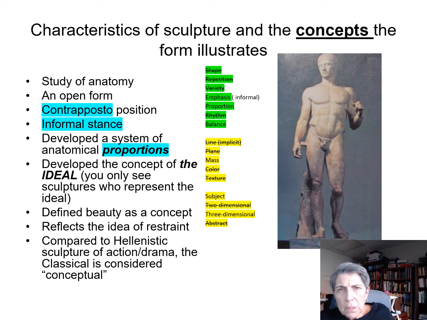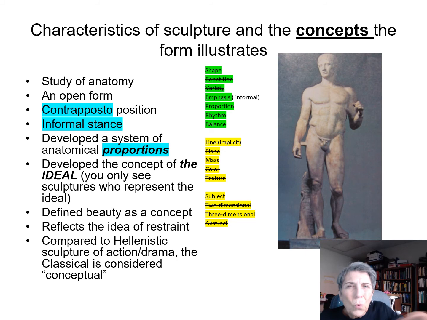Balance is important to the Greeks. Because when you think of the ideal, you have to use the word balance. So the balance is in the proportions. The emphasis, well, there's a lot of different ways to look at emphasis. You could say the emphasis is about balance. The emphasis is about proportions. The emphasis is informal.